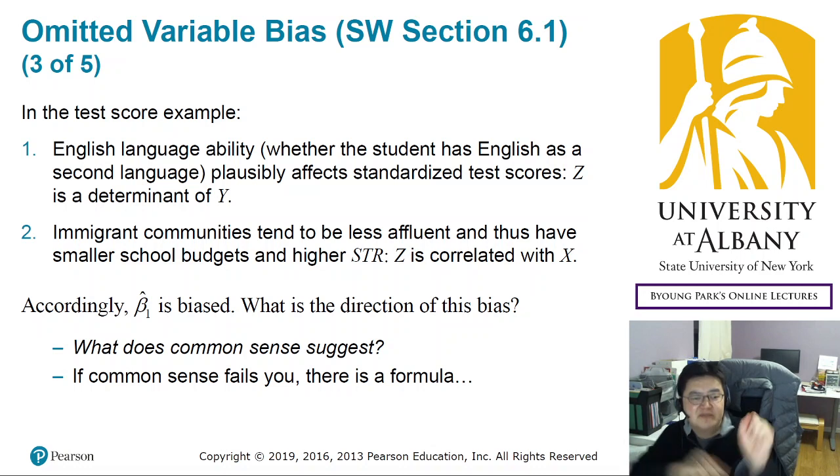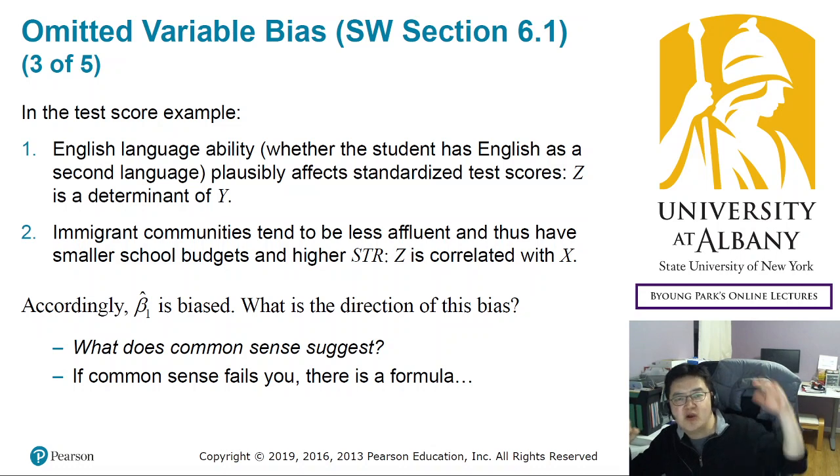Then in sum, the indirect channel implies higher student to teacher ratio also causes a drop in the test score through the indirect channel. So the direct channel is also negative, and indirect channel is negative too. Both channels are negative. Then you cannot distinguish them.